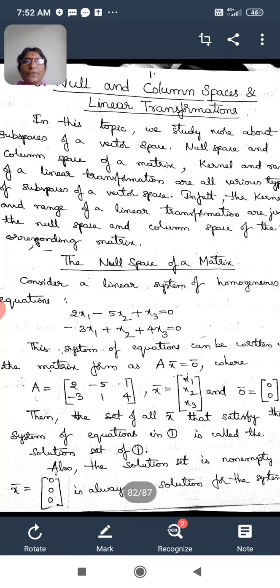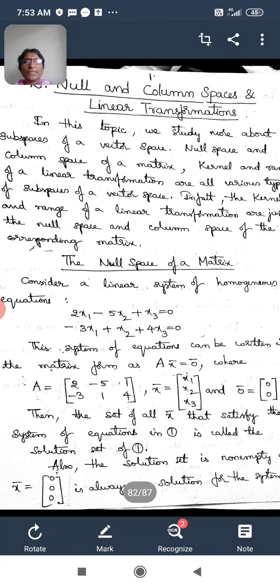So whatever values of x1, x2, x3 we get, that decide x bar, and when we take all those different x bar in a set, that set is nothing but the solution set for the system of equations that we have taken in equation 1. Also, the solution set is non-empty.